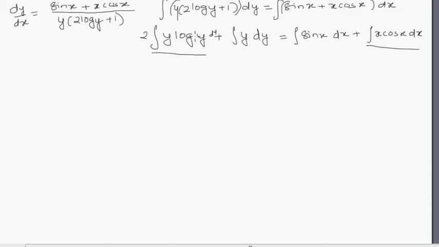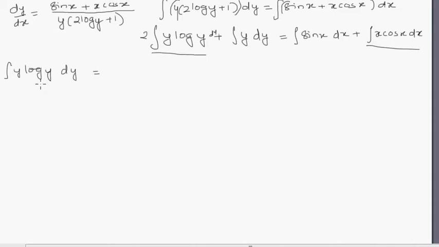So let's look at the integral y log y dy. The way I remember doing it, and I know different books show you a different way, is the same thing, but whatever is convenient for you to remember.